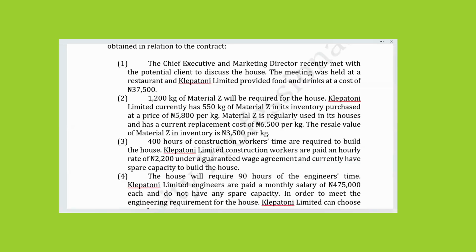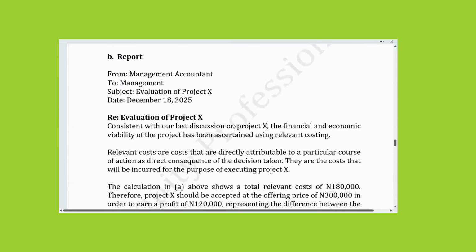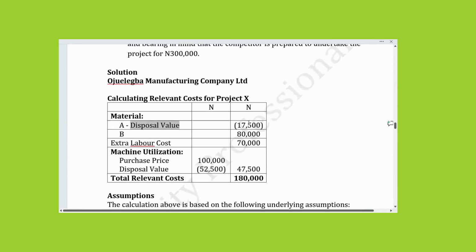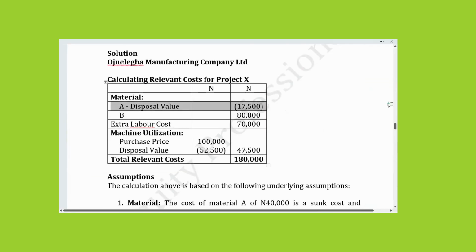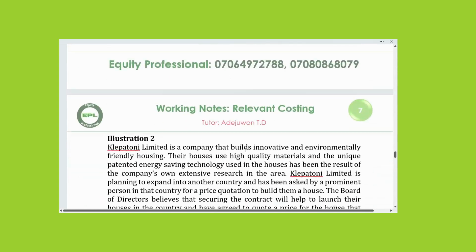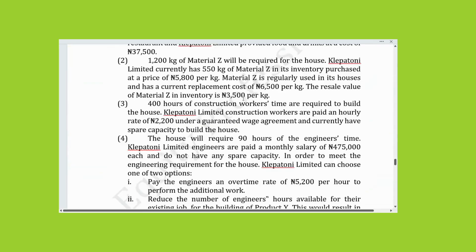Well, if you are told it is to be disposed of, you have to recognize its saving. All right? So don't worry as you proceed. Maybe you saw the way we treated it last time. Look at the way we treated it last time. 17,500. It's a saving under the first question that we solved. Okay, Nancy? Yes, sir.